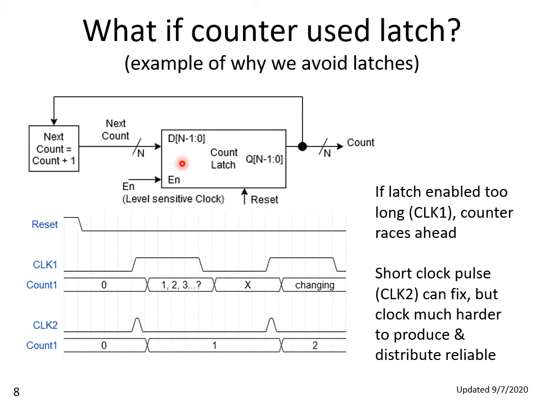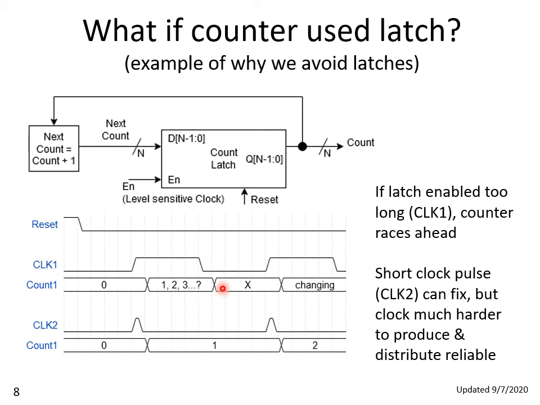If the voltage on the power supply is a little bit low, the circuit will be slower. Lots of things can affect the delays in this circuit. So if I hold the clock too long, not only will I get a race condition looping through the latch, but my value becomes unpredictable. And so when the clock or the enable is released, who knows what value we'll have at that point.